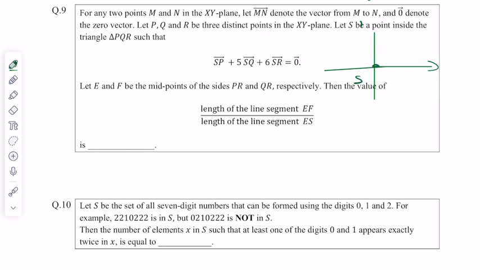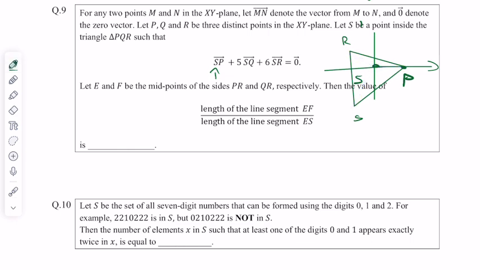This is my point S. I will say that this is P, and we'll take a place somewhere Q and R. Now this way my question will become easier. Now what I can do is split everything in I and J. It will be easier for us to do. So let's say SP is along I cap, SQ and SR. Now these two will give me J components, which should cancel out.